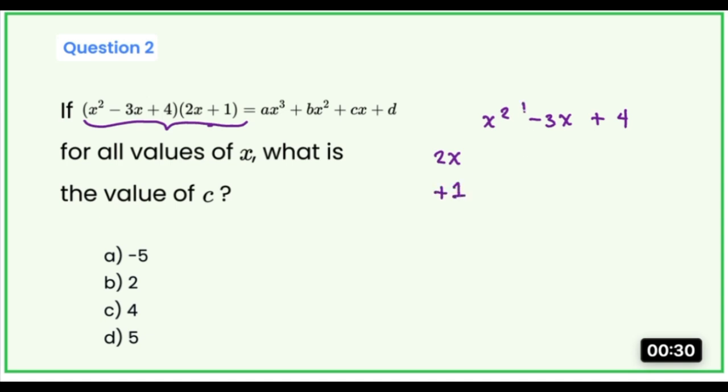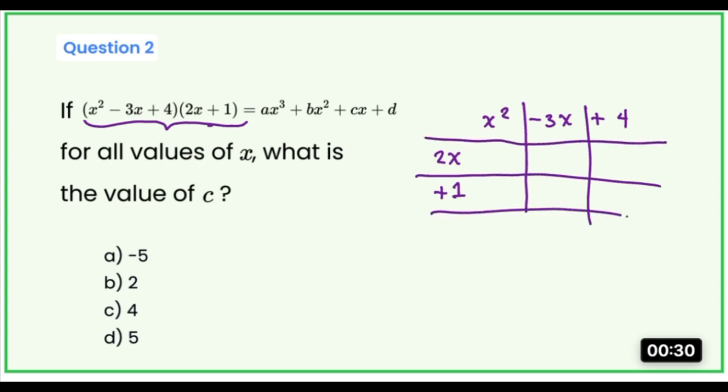I like to do it like this because I can put them on the grid to multiply. And since we're just looking for the c here, which is with x, we don't need to multiply everything. We just need to multiply this part here, 2x and 4, which is 8x.